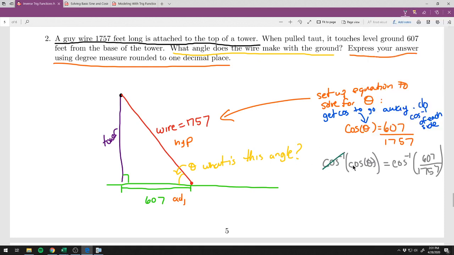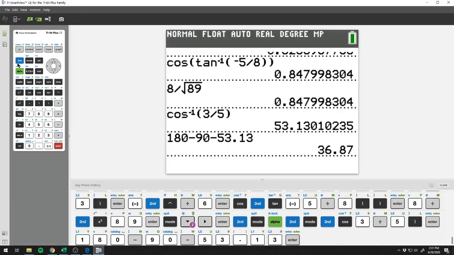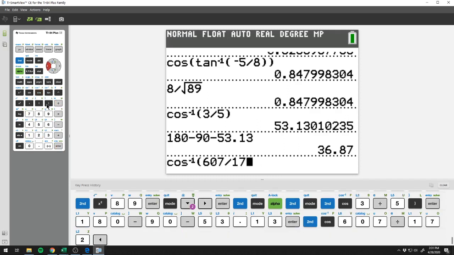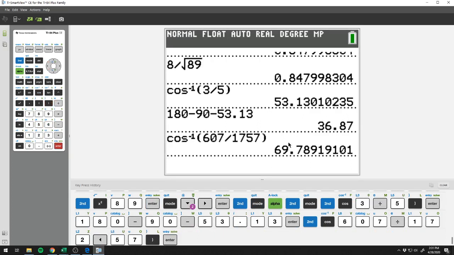The cosine inverse and the cosine cancel, we get theta equals cosine inverse of 607 over 1757. And theta, what does that equal? It's in degrees rounded to 1 decimal spot. Cosine inverse of 607 divided by 1757, and we get 69.8 degrees.